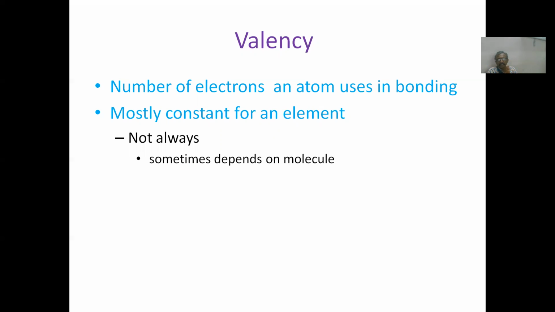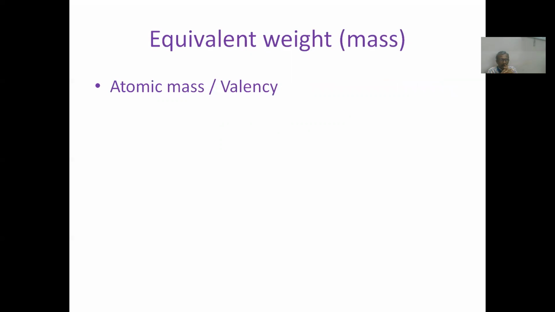Sometimes it depends on the molecule of which the element forms a part. Depending on that, valency would also vary, that you know very well. And the equivalent weight is atomic mass divided by valency. So these are all things you know already.